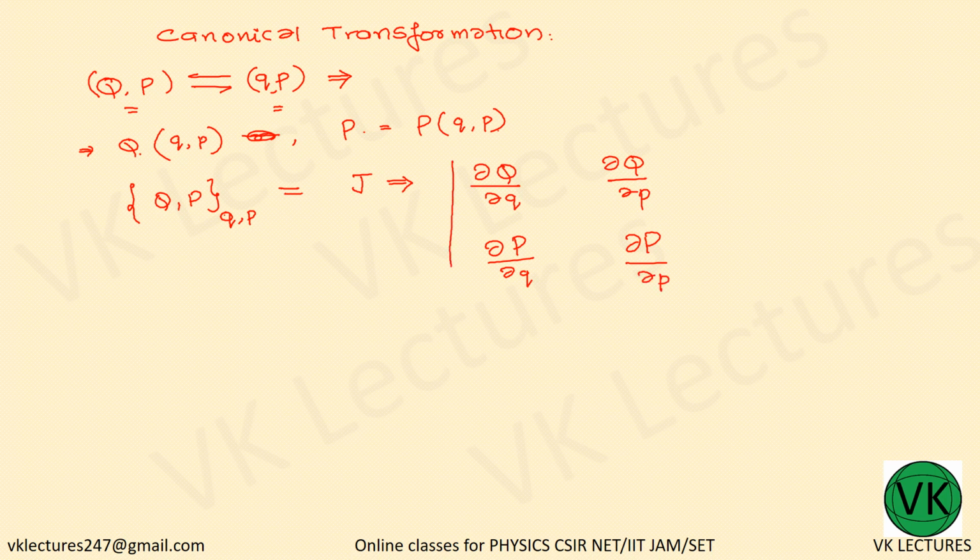So this is the Jacobian for the Poisson bracket of Q comma P. Here we must also remember that the transformation is from 1 to 2, and also you can transform from 2 to 1, that is capital Q, capital P to small q and small p, and again the transformation is back.